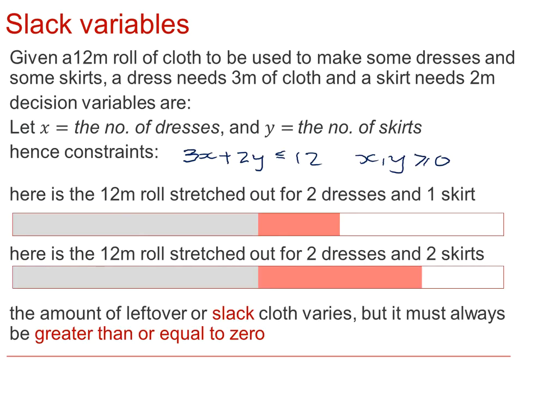So if we look at the 12-metre roll stretched out for 2 dresses and 1 skirt, or for 2 dresses and 2 skirts, we can see that the amount of leftover or slack cloth varies, but it must always be greater than or equal to 0. In other words, we can only use up to the limit of the total resource given in the question.